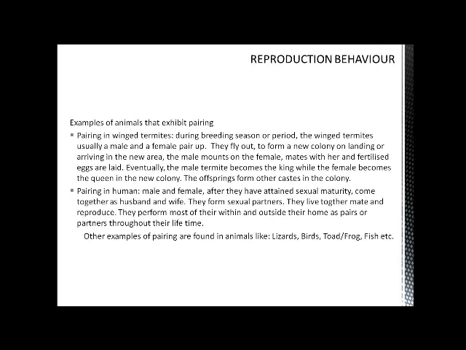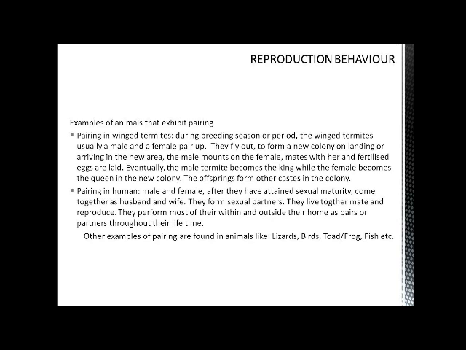When these fertilized eggs are laid, eventually the male termite becomes the king, while the female becomes the queen in the new colony. Then the offspring that they give birth to from the fertilized eggs form the other castes, that is the other groups in the colony.